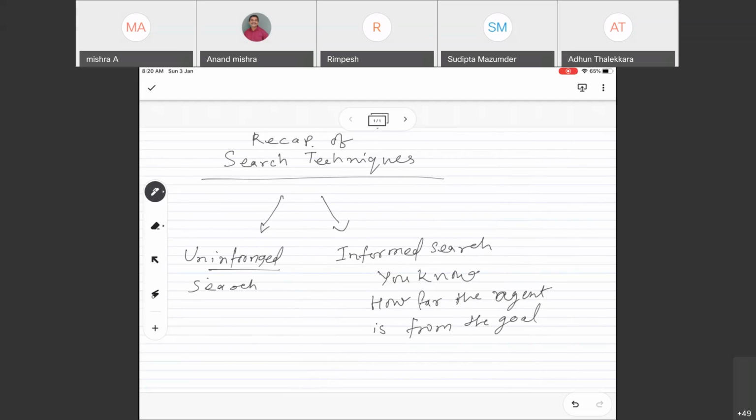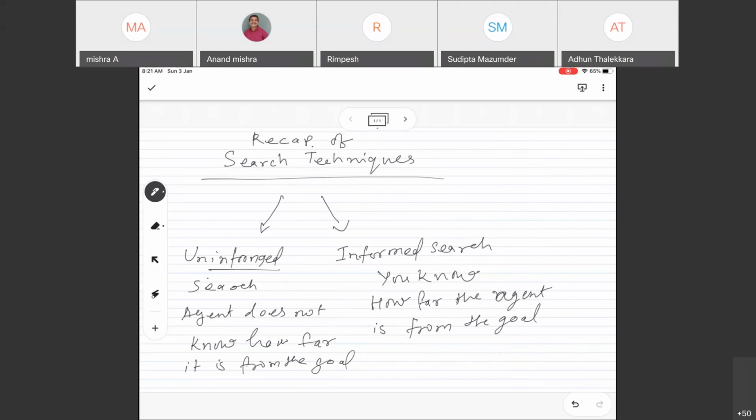Uninformed search is where you really do not know. The agent does not know how far it is from the goal.